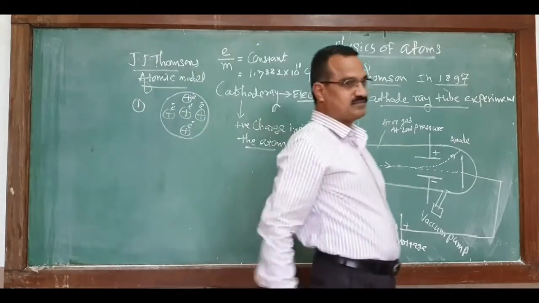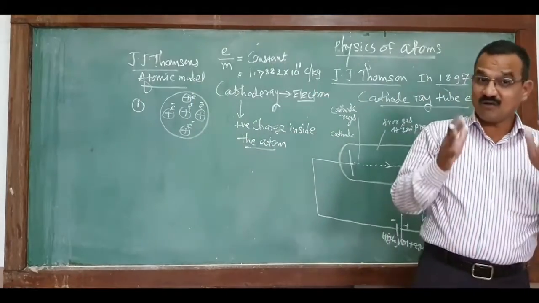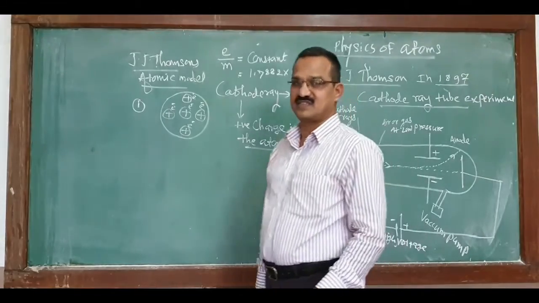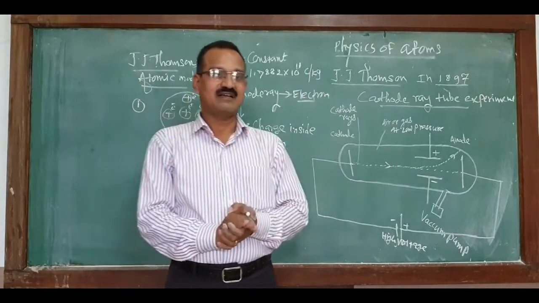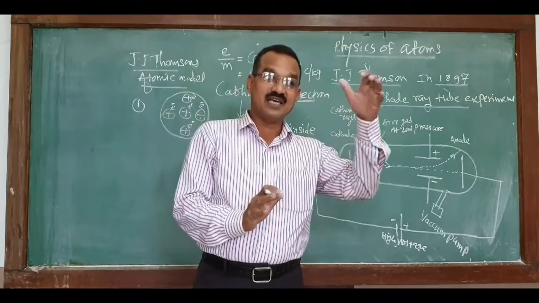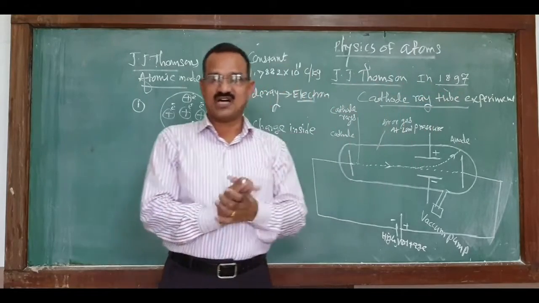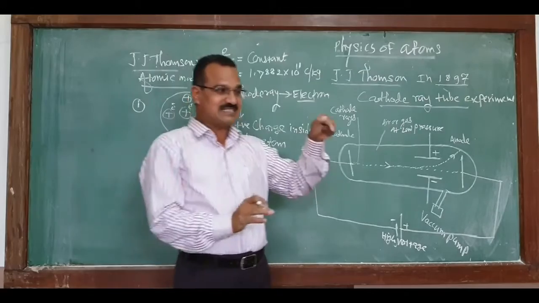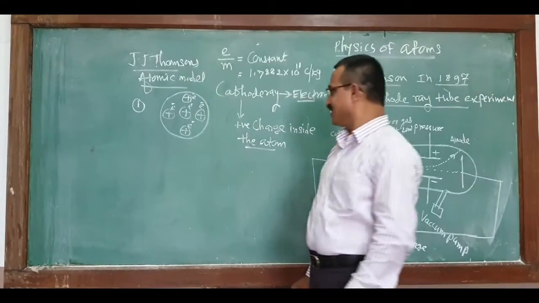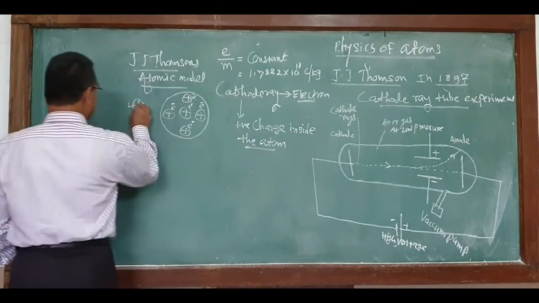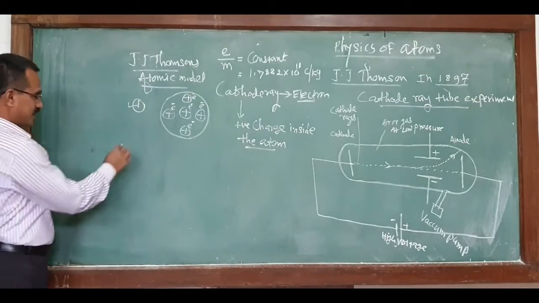Just like a watermelon, the red part of that watermelon is equivalent to the positive charge, and the seeds in it are equivalent to the electrons. This is the first concept of J.J. Thomson.